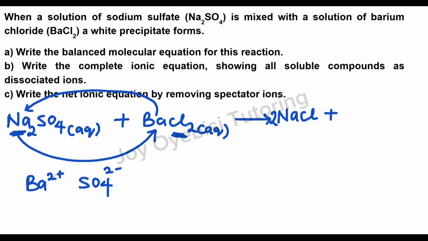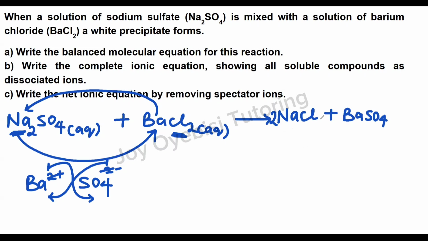So because these two are divisible, the 2 divides itself to give 1, divides this to give 1. So the 1 is what you're swapping and not the 2. And since this is 1, 1, you just have it as BaSO4. All right? And that is it. Since you have 1 Ba on the left and 1 on the right, SO4 is 1 on the left, 1 on the right. That is balanced.